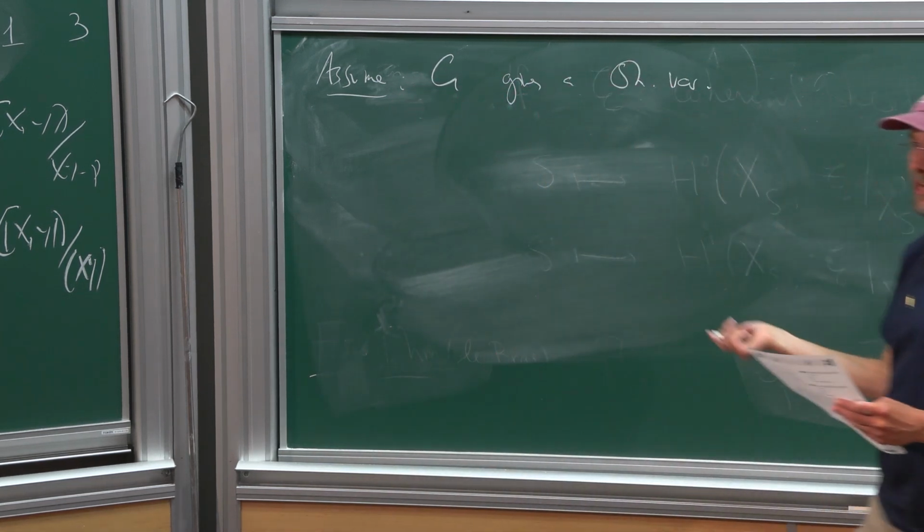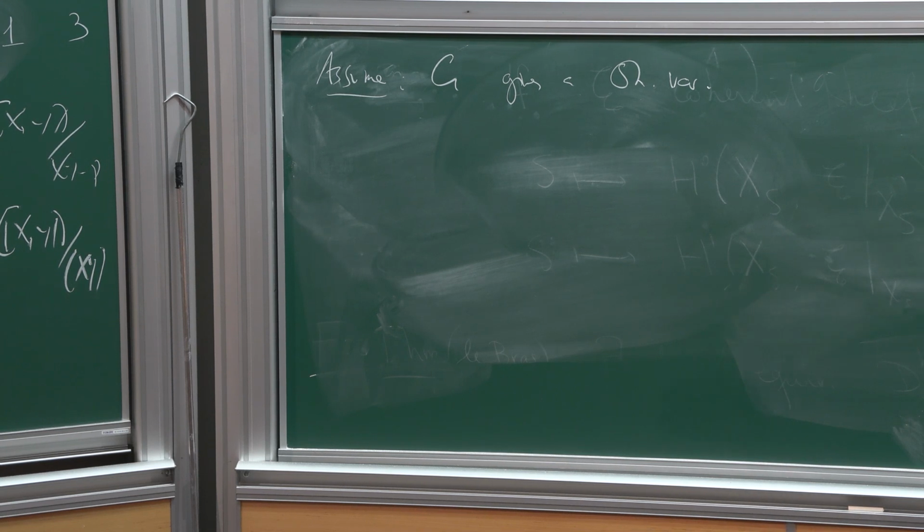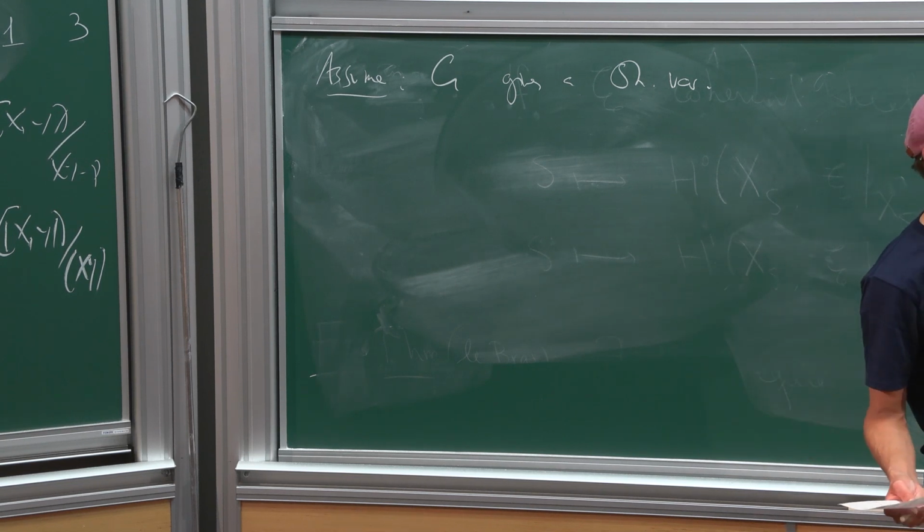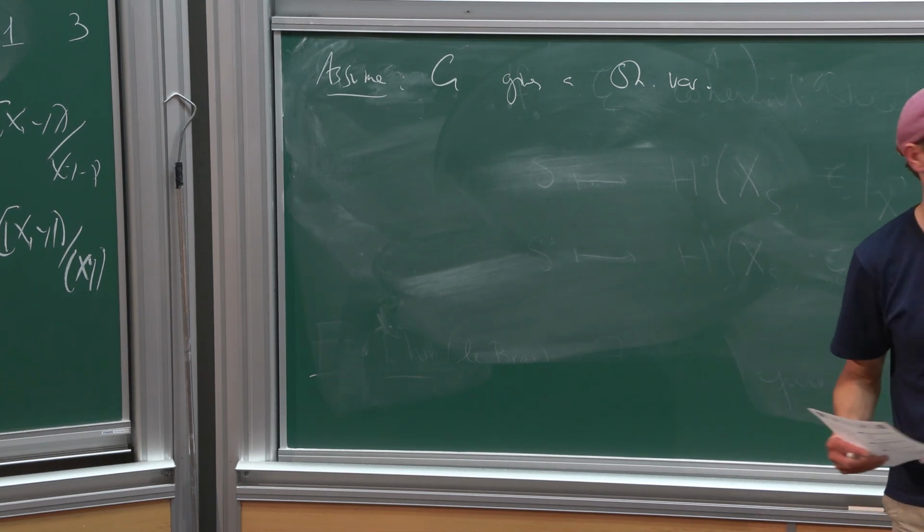Let's assume that G gives a Shimura variety. I mean, more precisely, let's assume it admits a Shimura datum, and I've chosen the Shimura datum. So like, PGL2 is fine. Then I'm getting modular curves.